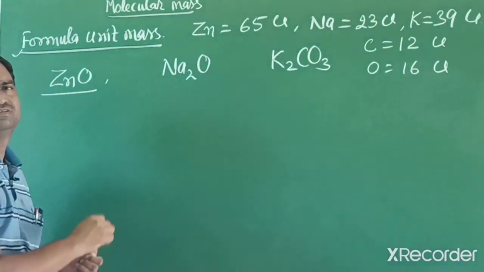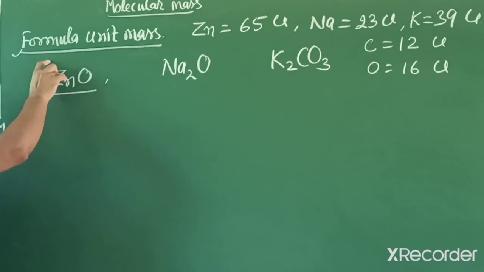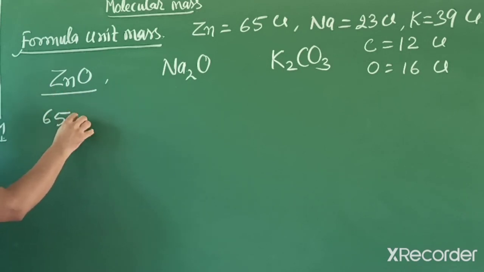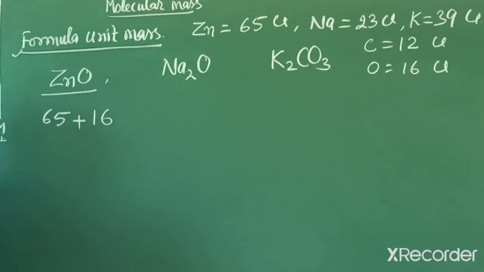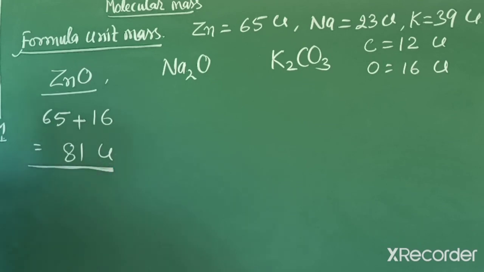In zinc oxide there are two ions, zinc ion and oxide ion. So the total sum of all the ions: zinc ion mass is 65 and oxygen 16, because it is one atom. Then you combine them, 65 plus 16 is 81. That mass is 81 unified mass.